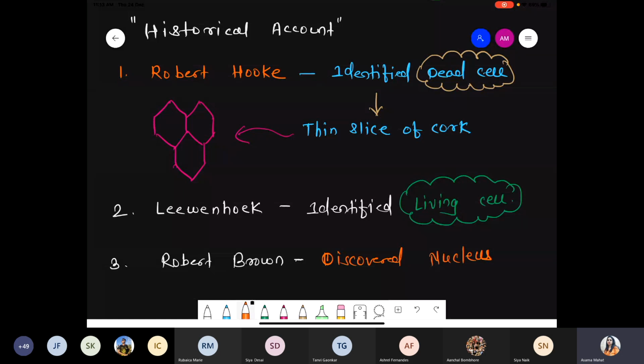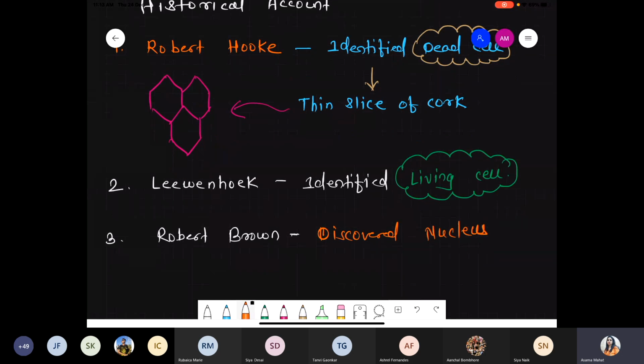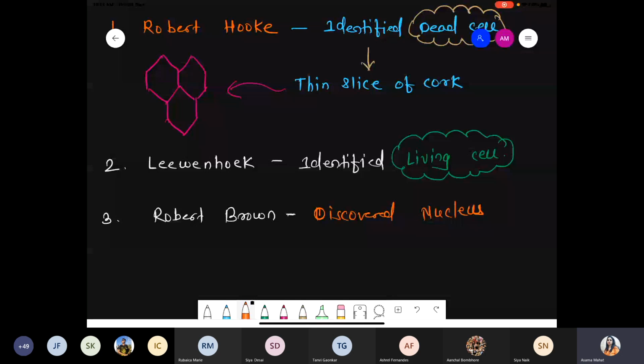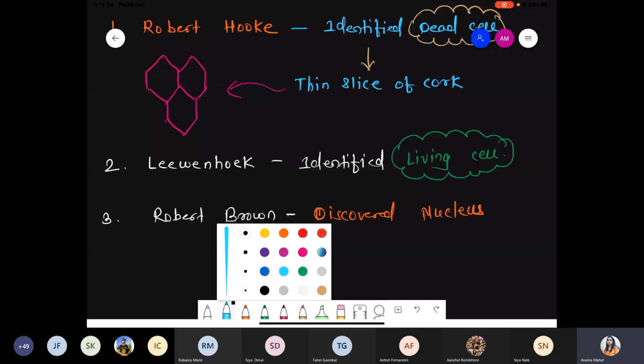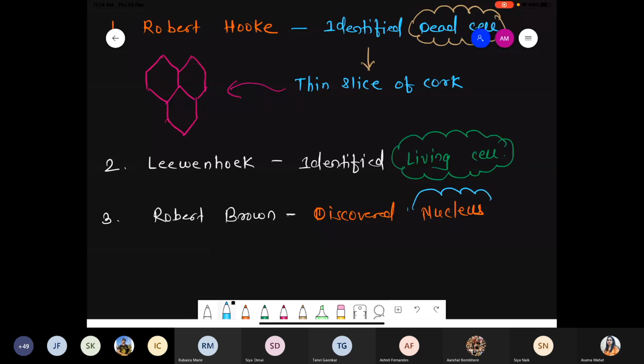It's moving or it's not moving. But first time, scientist Robert Brown observed the nucleus, which is an internal part of the cell. So the nucleus was discovered, and it was discovered from orchid root cells.